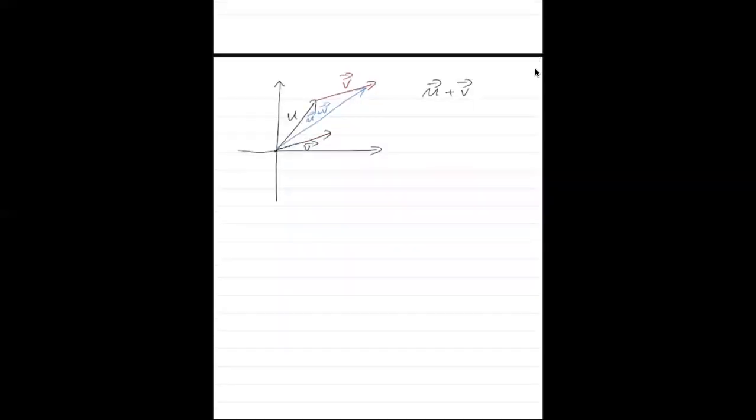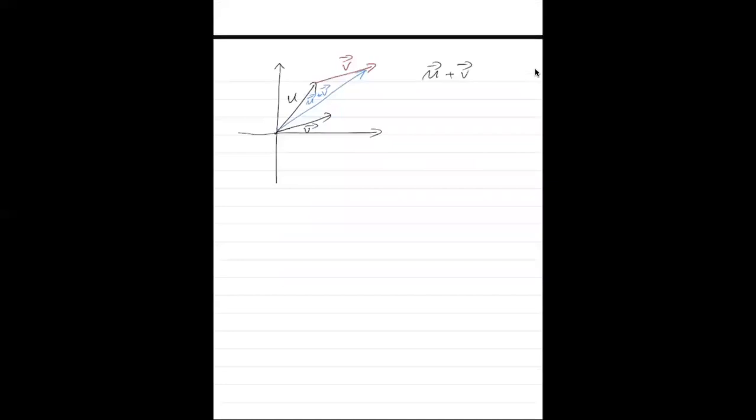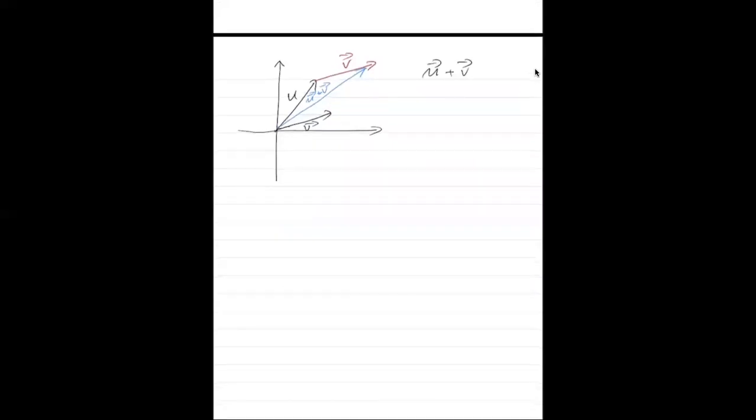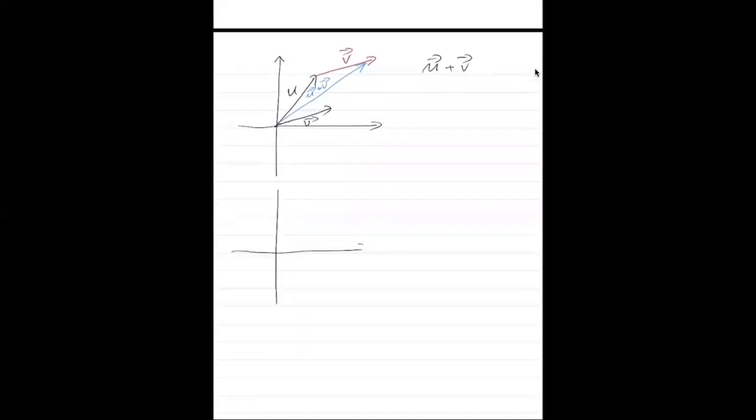So now we can show what u minus v is. If I have a vector u over here and another vector v over here, we want to show geometrically where the vector u minus v is. So negative v is the same vector v, but with opposite direction.